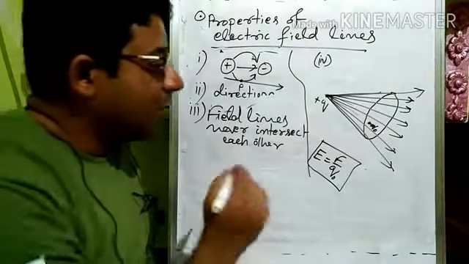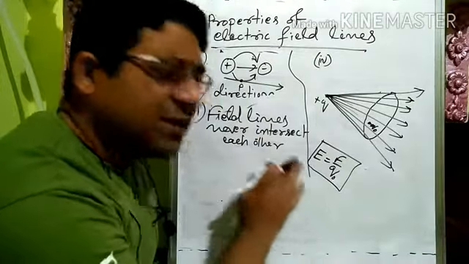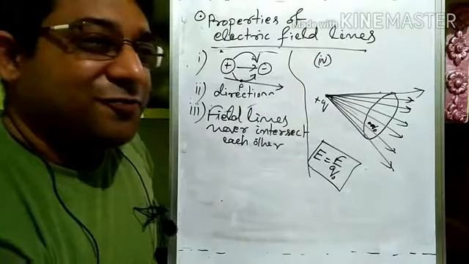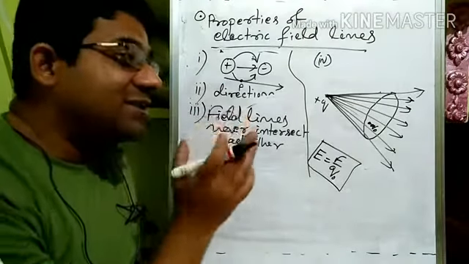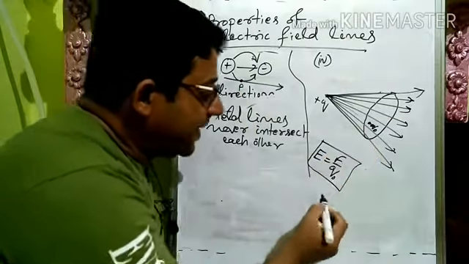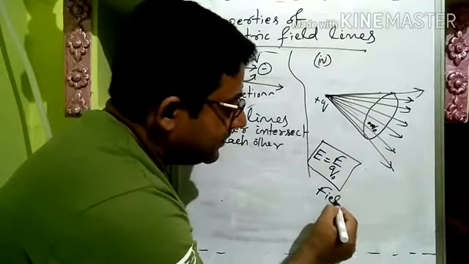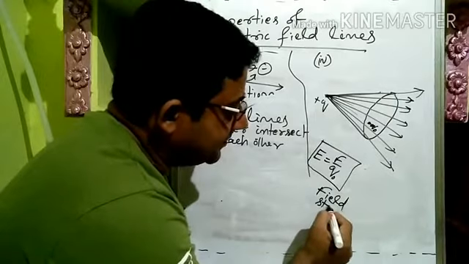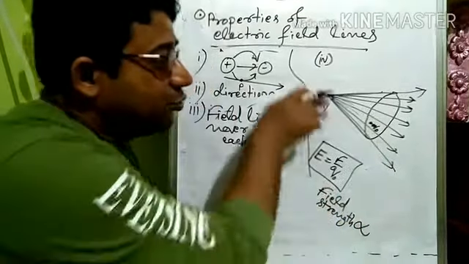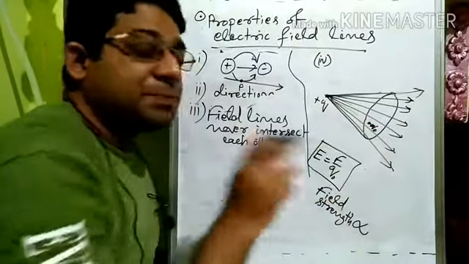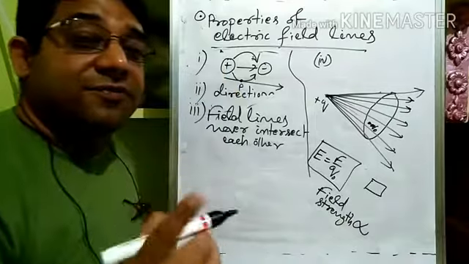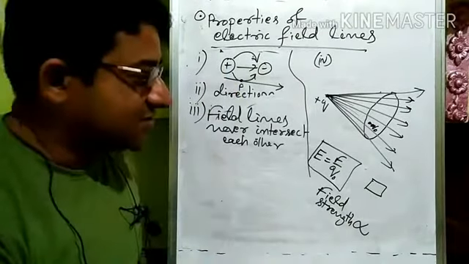Clear? Now, this is purely a mathematical view, but another way, Faraday, a scientist, viewed this in a pictorial way. What he thought is the field strength is directly proportional to the number of field lines passing through a unit normal area of cross section.